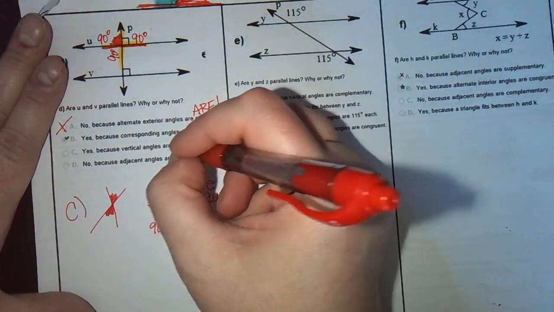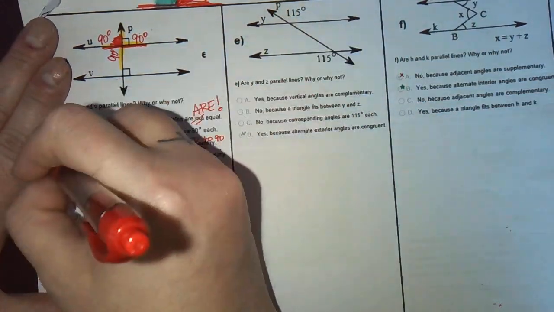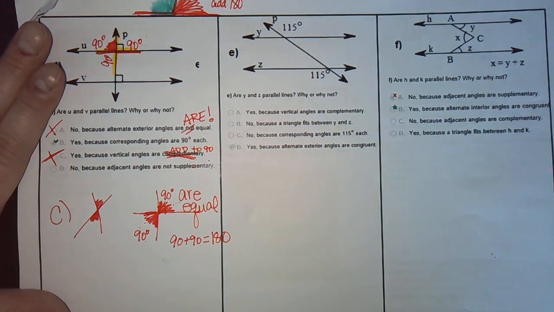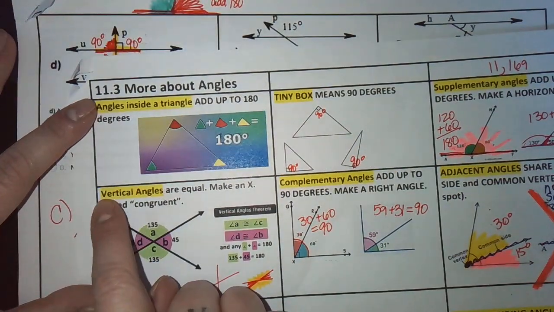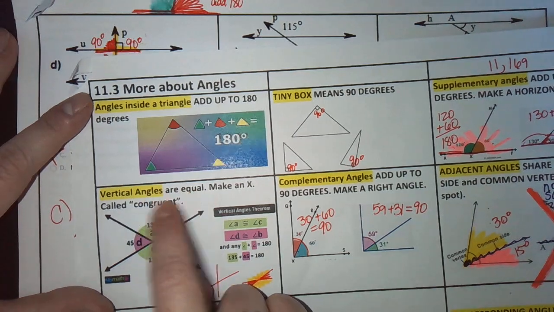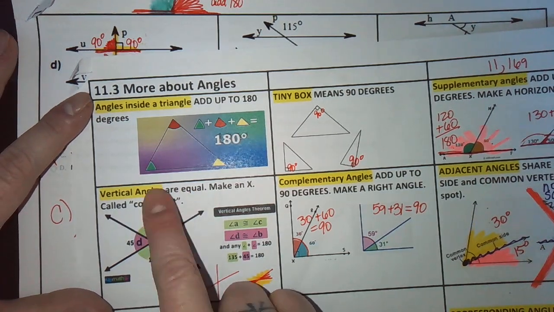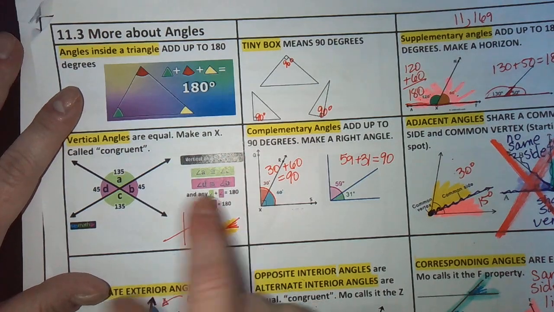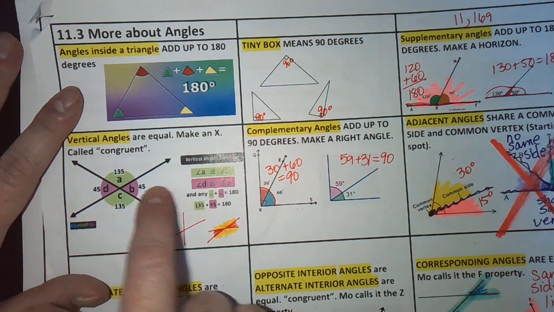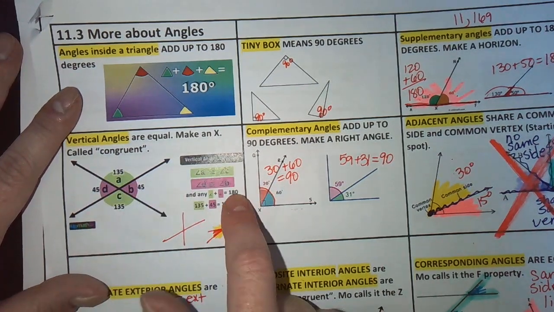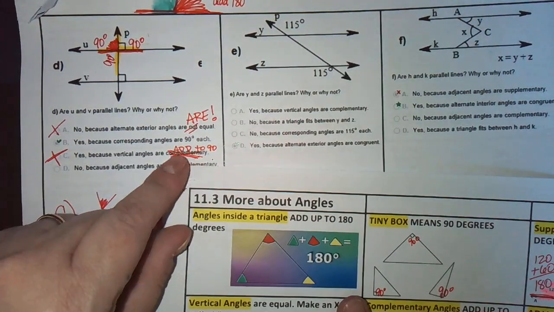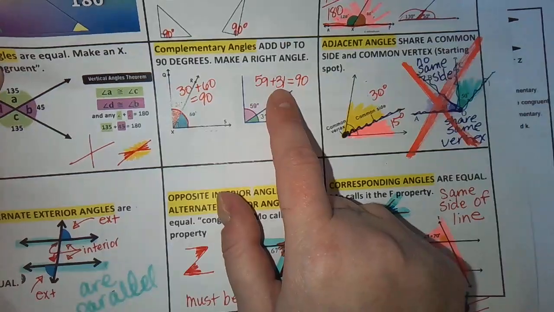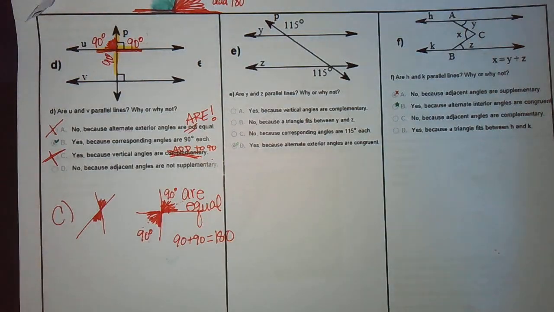So they are not complementary. So that's why C is out. Also, if we look at vertical angles, it says vertical angles are equal. It doesn't say anything about adding up to 90. If you look below, it says different vertical angles, like this green and this blue, green and this purple, add up to 180. But it didn't say anything about complementary. And complementary means 90.